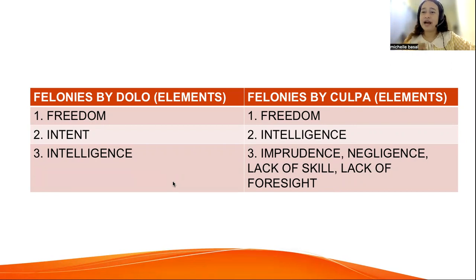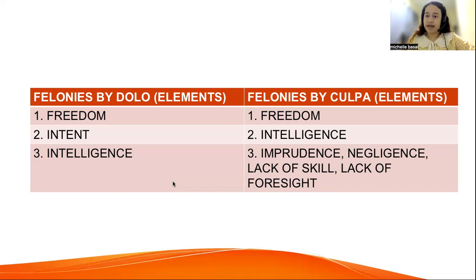So what I hear is intelligence. He does not understand the acts. Also, a person who is below 15 years of age is exempt from criminal liability because under the law, a minor or a child does not have the full comprehension, again, of the acts that he is performing or committing.